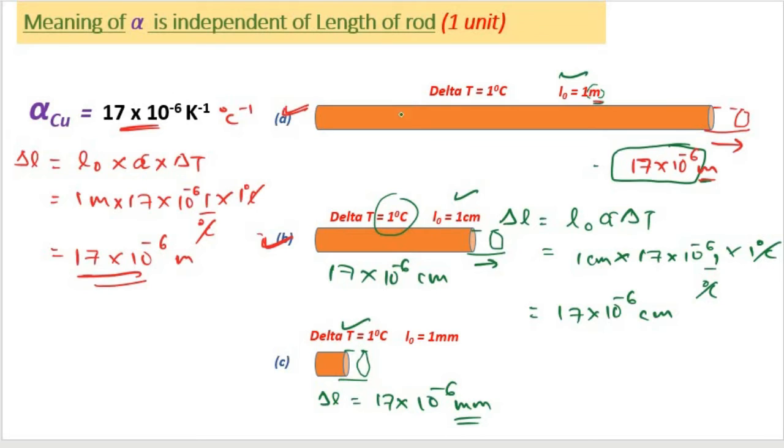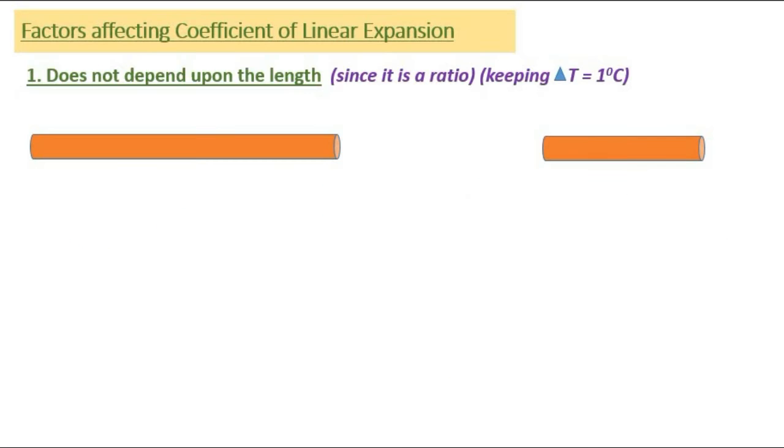So alpha does not depend upon the length of the rod. If you have a 1 meter rod, this would be the increase in meters. If you have a 1 centimeter rod, the same would be the increase but in centimeters. If you have a 1 millimeter rod, the same would be the increase magnitude wise, but the unit would be millimeter. Correct.